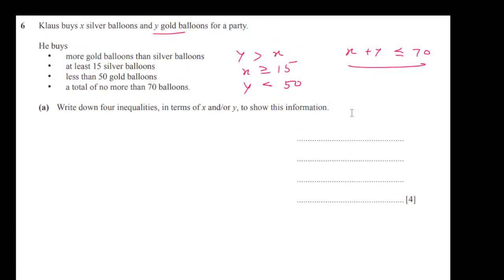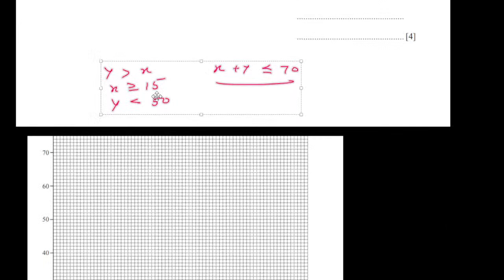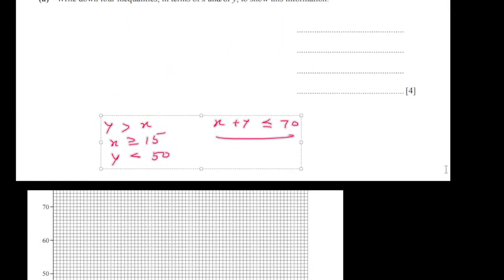So to draw all these lines, you have to draw the equalities like y is equal to x. Now when you draw y equals x it will be a straight line, but here it is said that y is greater than x, so that line I will draw as a dotted line.